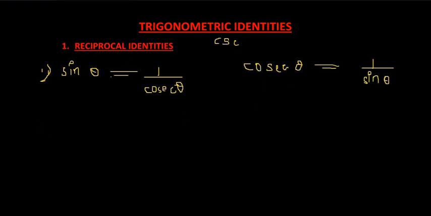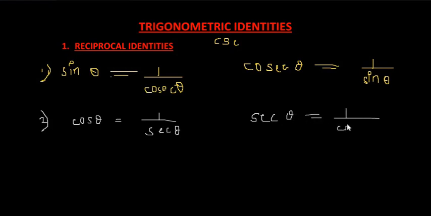Now coming to the second pair, which is cos theta. The reciprocal of cos theta is 1 over sec theta. Similarly, if in examples you see sec theta, you can obviously write it as 1 over cos theta. This is the second pair.